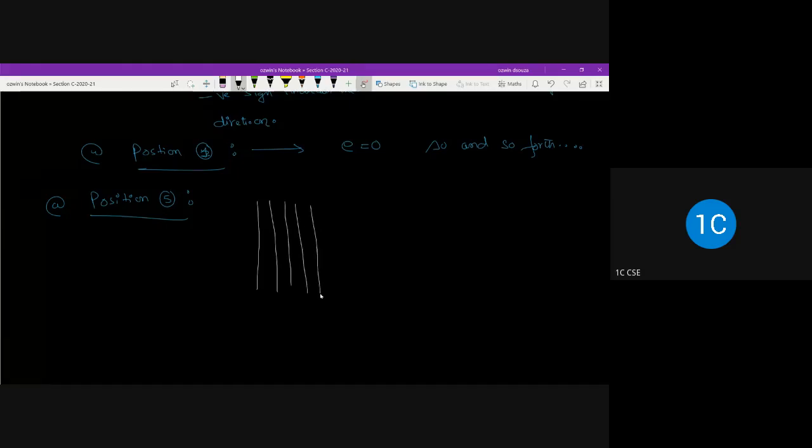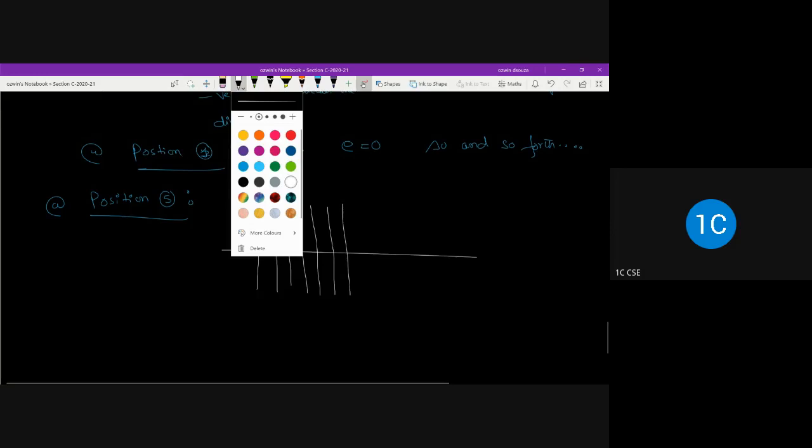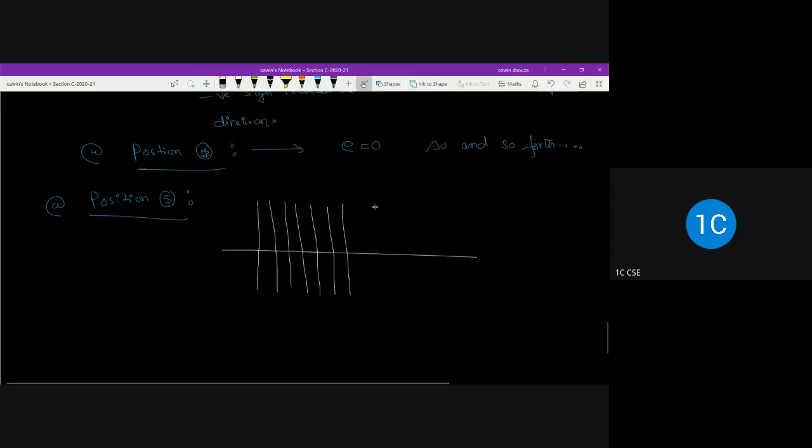Say these are the flux lines. And let's say this is the reference. Say we'll keep the circle somewhere over here.